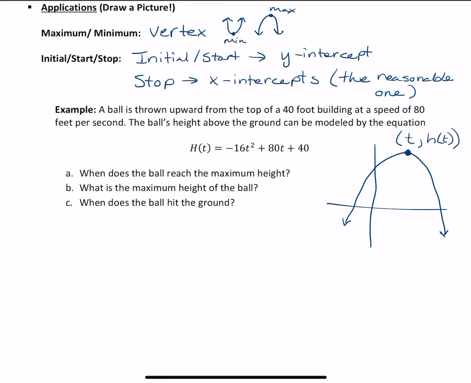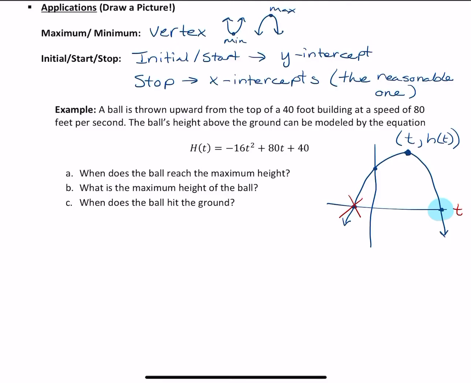And then you've got a y-intercept, that would be the height it starts at. And then you've got two x-intercepts, but remember t here is your x value. You can't have negative time. So if we're looking for the x-intercepts, we're only going to be interested in the one that's positive time.